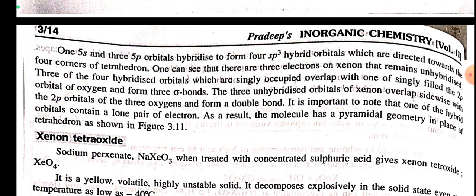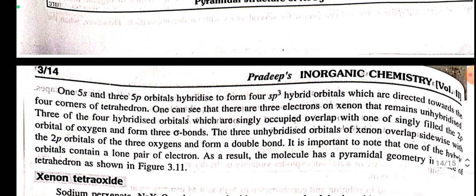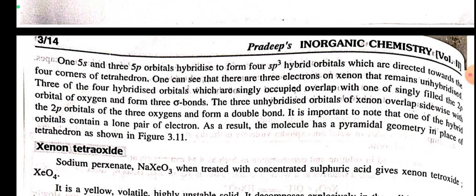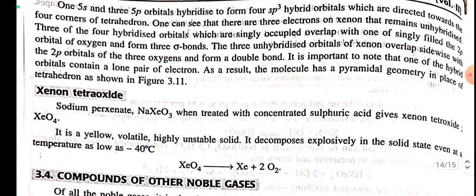The 3 unhybridized orbitals of xenon overlap sidewise with 2p orbitals of the 3 oxygens and form double bonds. It is important to note that one of the hybrid orbitals contains a lone pair of electrons. As a result, the molecule has pyramidal geometry in place of tetrahedral.